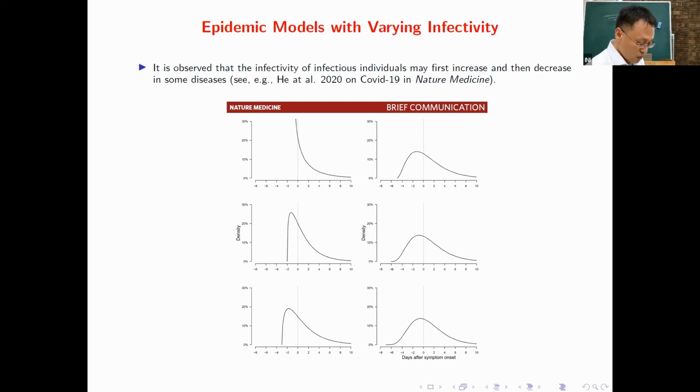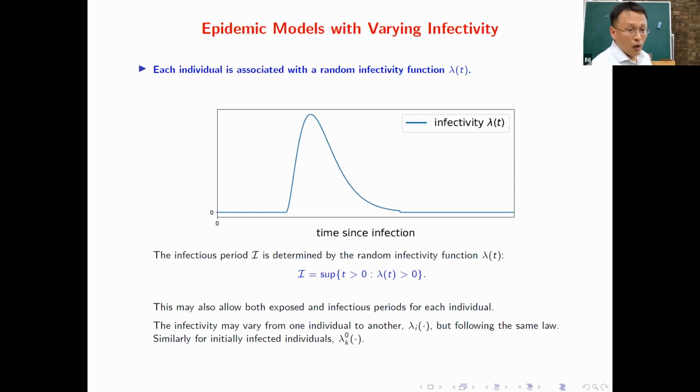Okay, so motivated by this, we model the infectivity level of each individual using a random infectivity function lambda(t) of this shape.